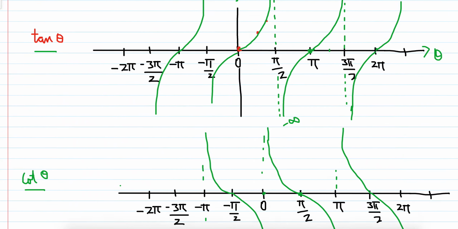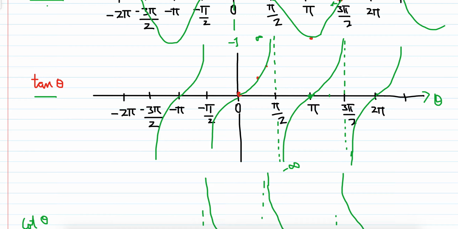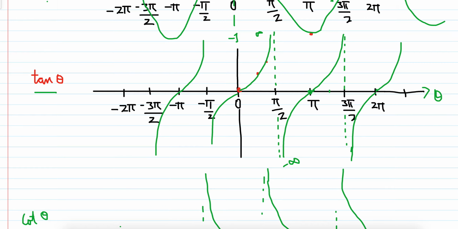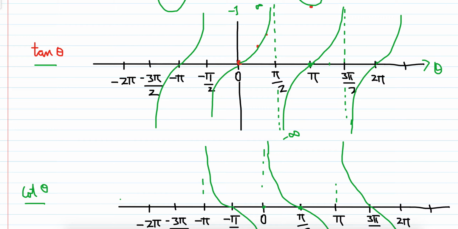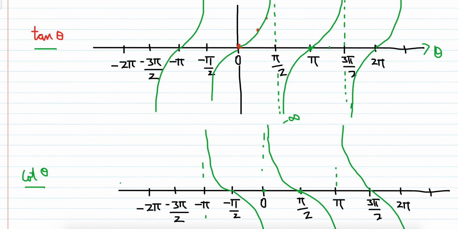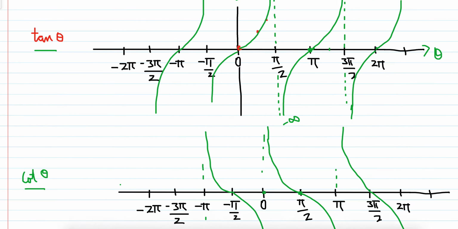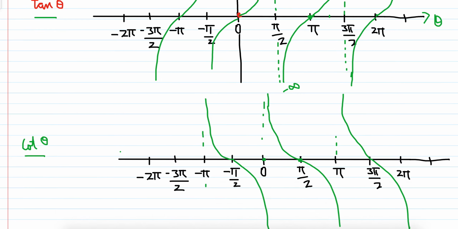So the curve just looks like the mirror image. If we flip it about a vertical axis, so we switch its left and right parts, we get this curve. And also it's shifted by pi by 2, like we had seen for sine and cos. So at 0 it is plus infinity, and here it's plus infinity at pi by 2.